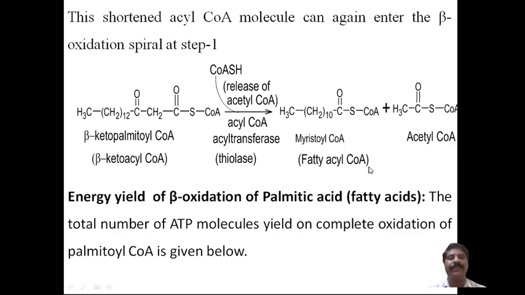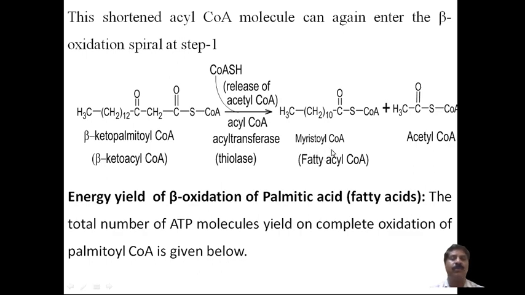It is a fatty acyl coenzyme A with liberation of acetyl coenzyme A, and this is called the beta oxidation pathway. The fragmentation of two carbon atoms takes place in this process. And lastly, palmitic acid is converted into myristic acid.